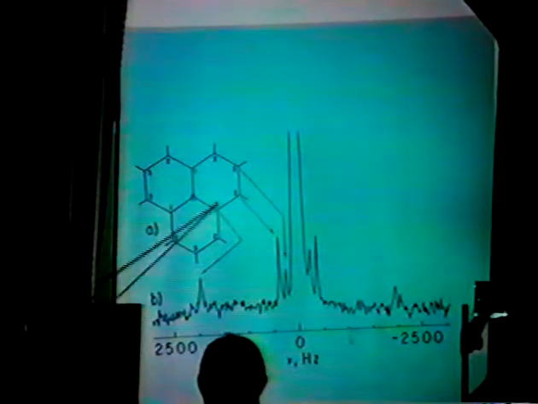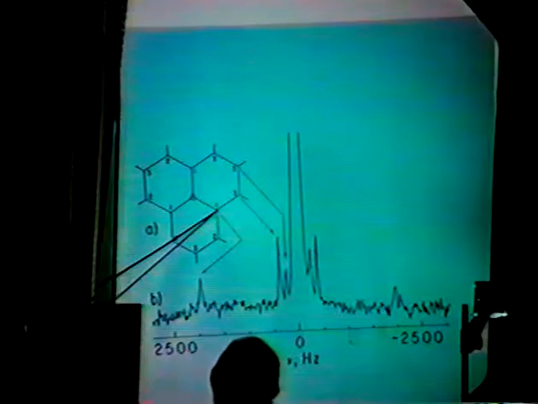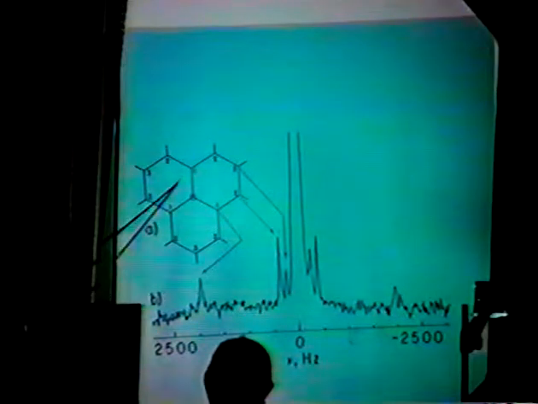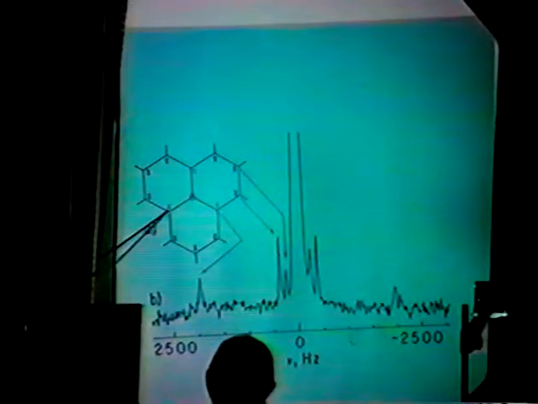That means that at the first neighbor position, the odds are 1 in 100 that a neighboring position will be another carbon-13. So the probability that one of these 3 neighbors will be another carbon-13 is about 3%.